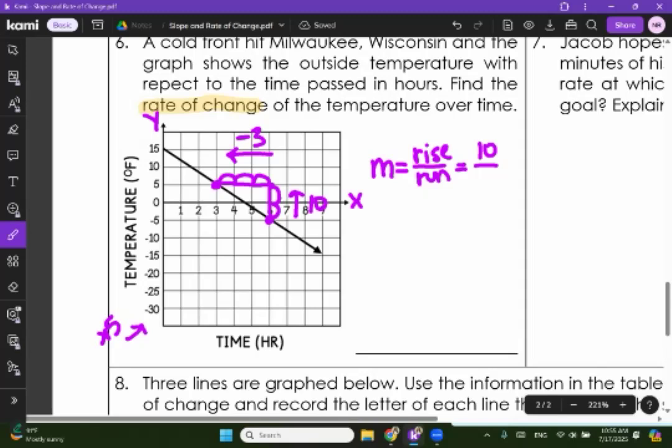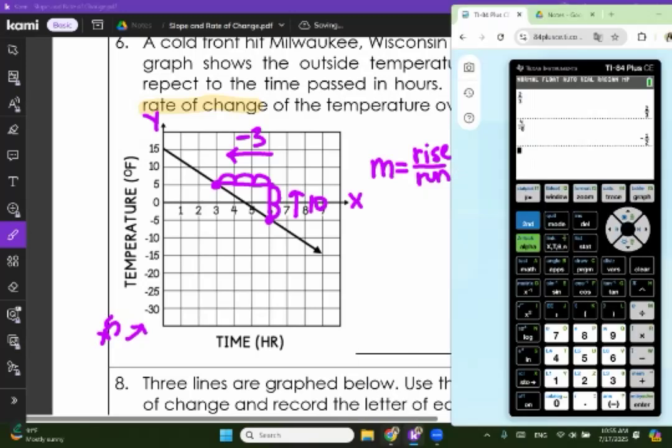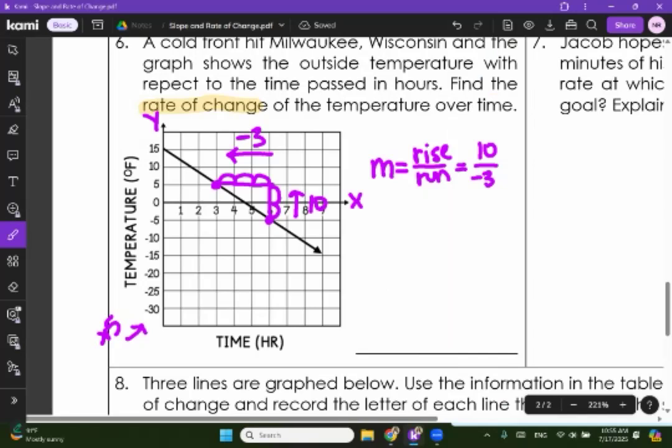Okay. We put this into our calculator. 10 over negative 3 stays the same. So what the negative is going to do is it's going to tell us that we are what? We are decreasing our temperature. Okay.